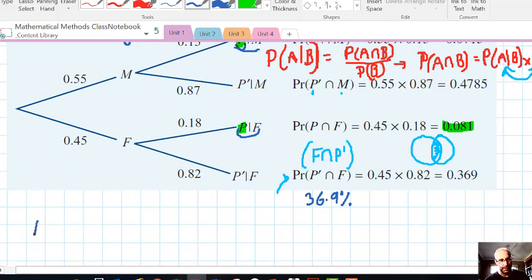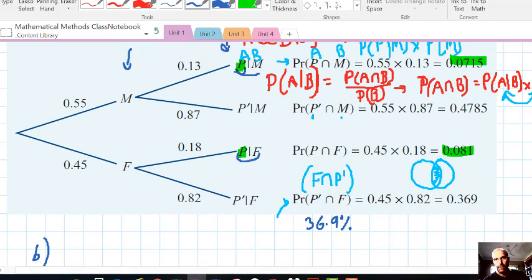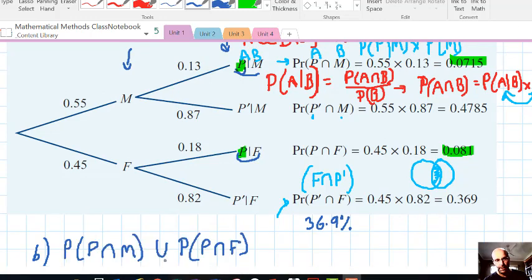So for part B, it's the union of both of those. So that's the union of P intersection M in union with P intersection F, and we simply add those together. Intersection union means or, and or is where we add probabilities, whereas with intersection it's and we multiply.